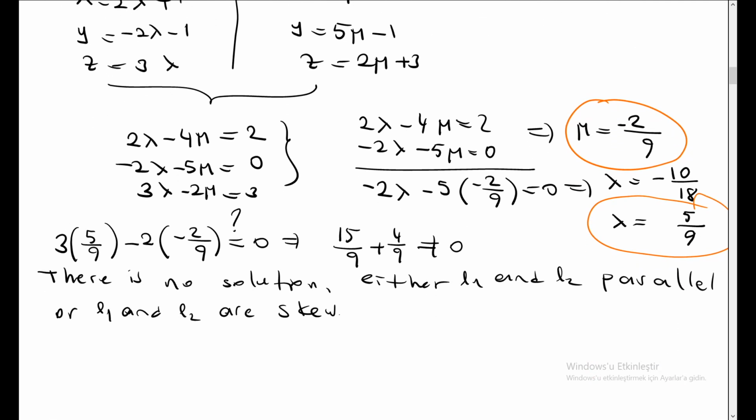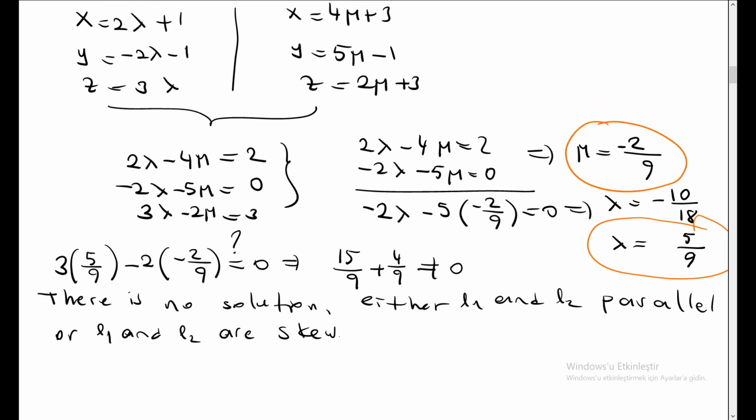If you check this one, you see 2 over 4 does not equal −2 over 5, and not 3 over 2.